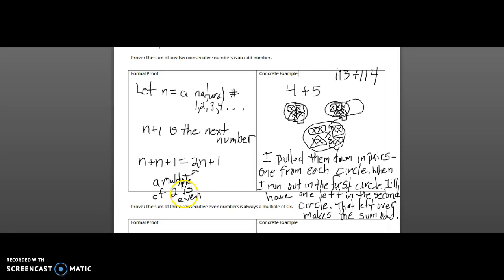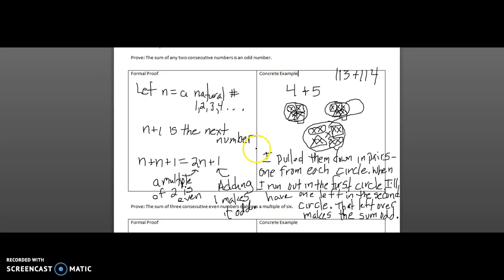When you double a number, you get an even number. So if you are an even number and you increase by 1, that's going to pop you over to being an odd number. So if you're at 6 and you add 1, you're at 7. If you're at 16 and you add 1, you're at 17. So I can write here, adding 1 makes it odd.